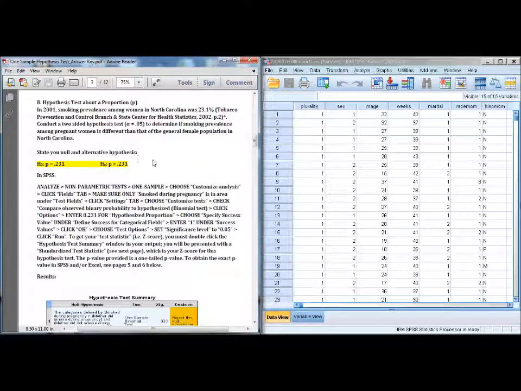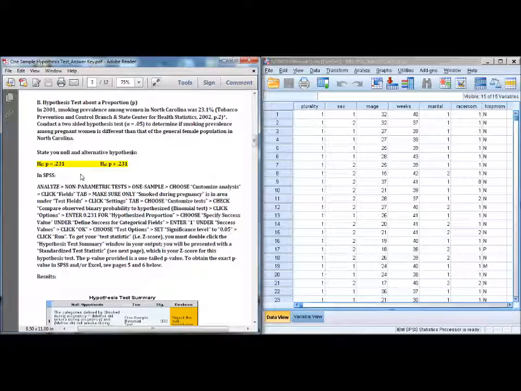So -2 and 2, to the right of 2 or to the left of -2 in a normal sampling distribution would be our p-value.